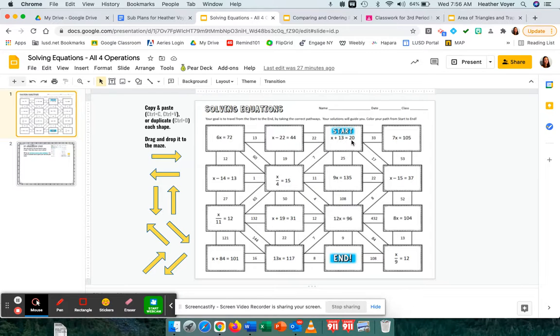So we want to do the opposite of what it's asking to help us to solve for the value of the variable. And then whatever path you're choosing, so if you're starting here, if you think the answer is 22 or 7 or 25, 17, or 33, you will copy and paste. So if you think it's, let's say 33, you'll go in that direction, okay?